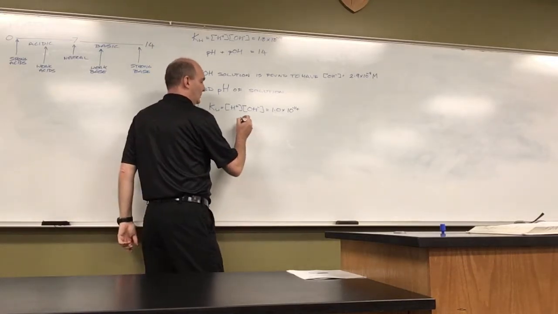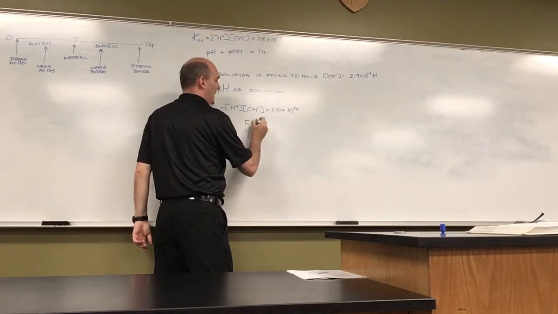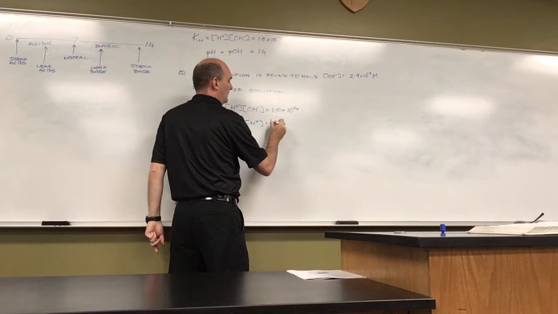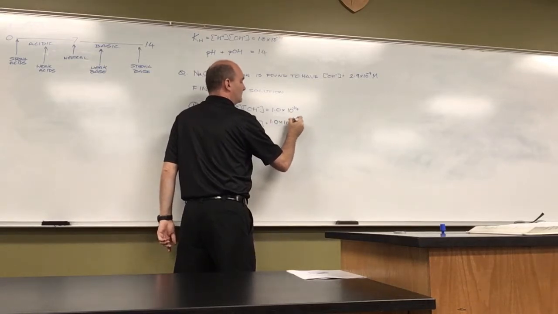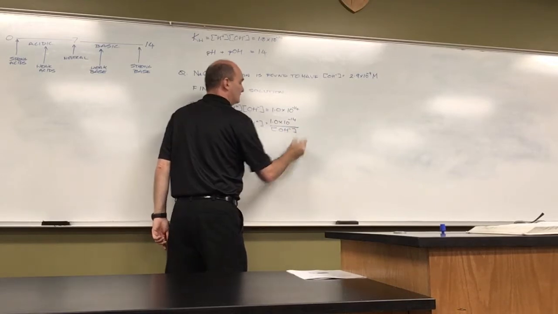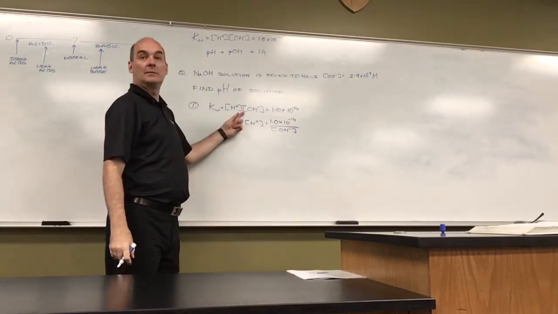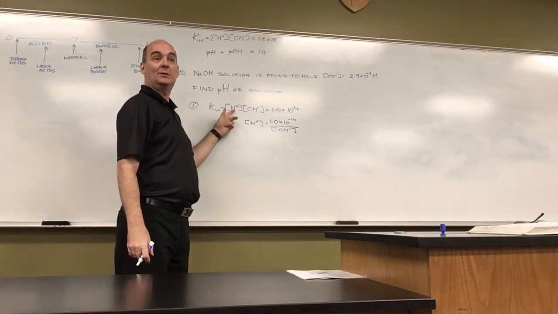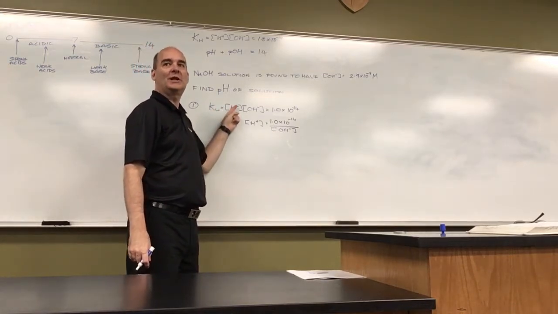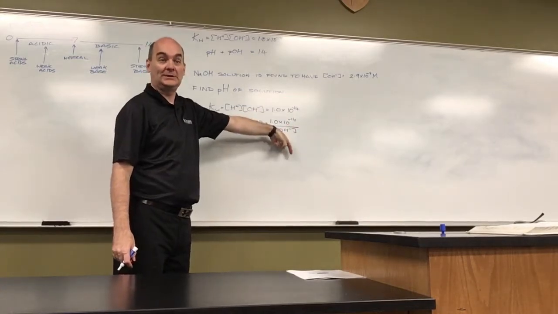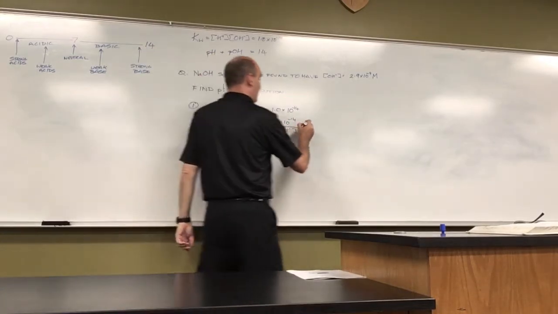So what I can do is see that the H plus would be equal to that. I'm going to isolate the H plus, leave it on the left-hand side of the equal sign, move the hydroxide concentration across the equal sign where it drops to be a denominator, and now put your numbers in.